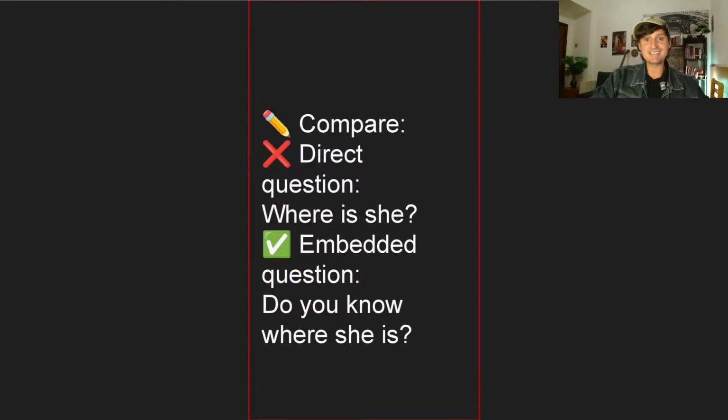Now, in the chat, tell me what difference you see. You're asking the same exact thing. You want to know where she is. So you ask the question directly, where is she? ¿Dónde está ella? Où est-elle? If you speak French.